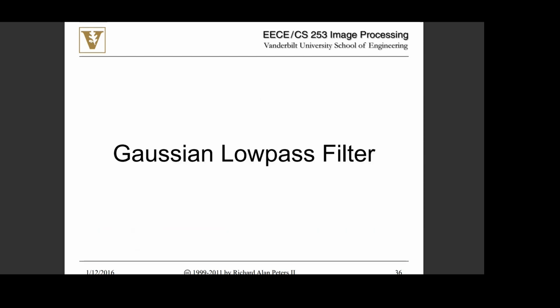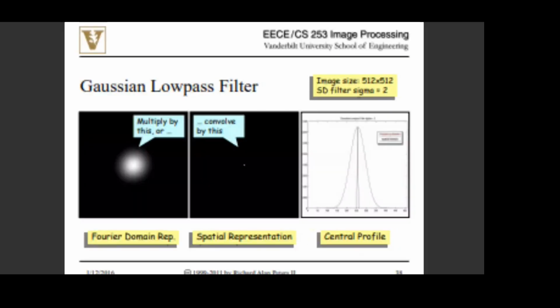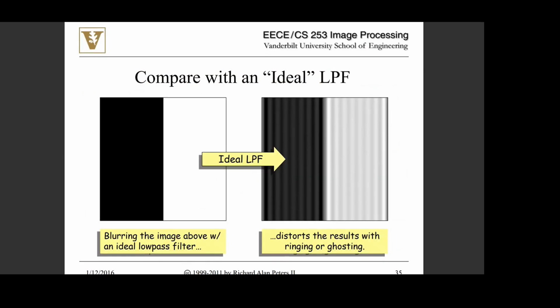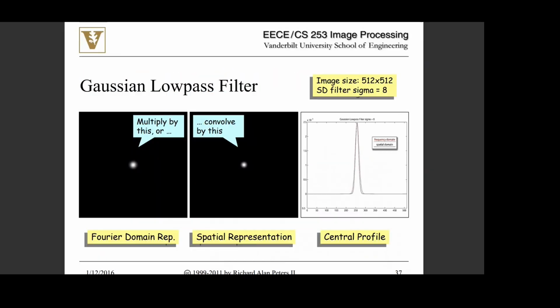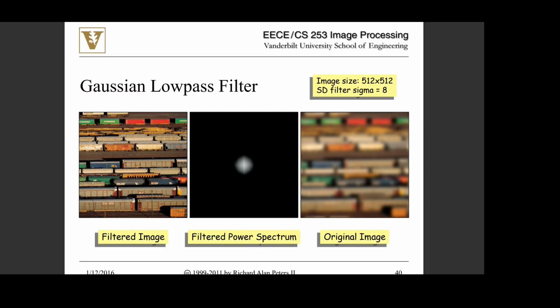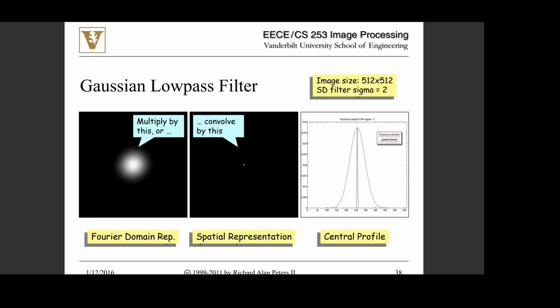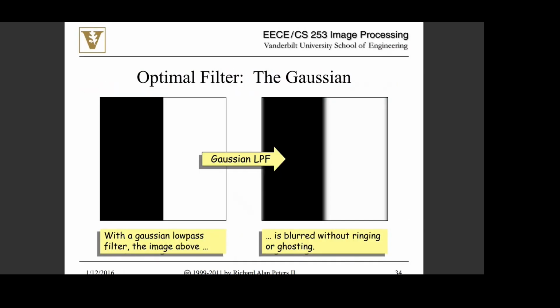But now with the Gaussian low pass filter, you don't get those ripples because you are convolving with something that doesn't have ripples. Yeah, we could see it with the trains. Here we have it with the Gaussian. So you don't get the ripples anymore. I was looking for this image.